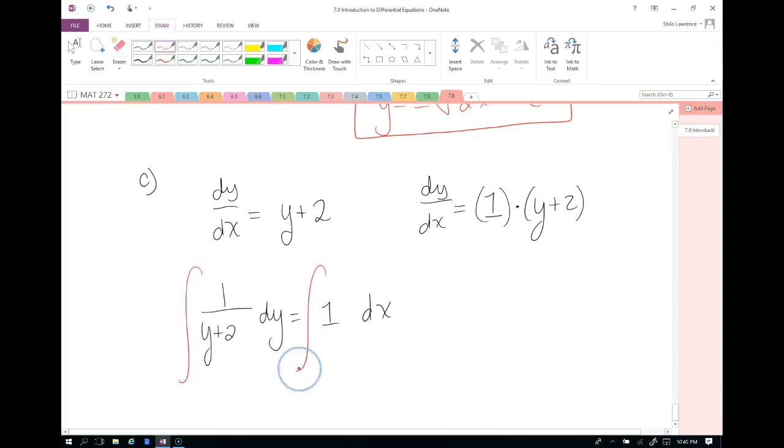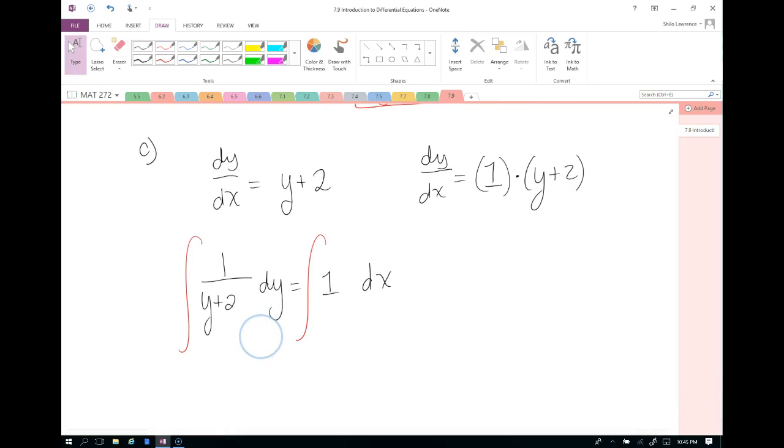So now that we're separated, we're going to integrate. Now the antiderivative of 1 over y plus 2, you technically should write out a u substitution in order to do that, but it's going to end up as natural log of y plus 2. And then on the right, the antiderivative of 1 is just x, and then we have plus c.